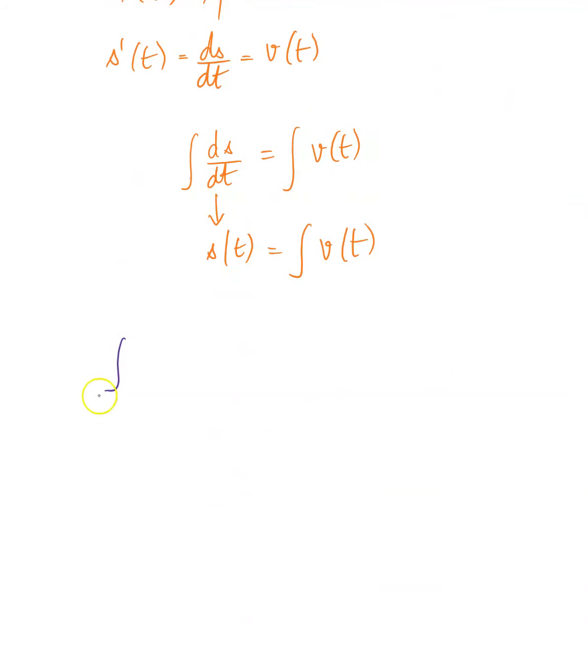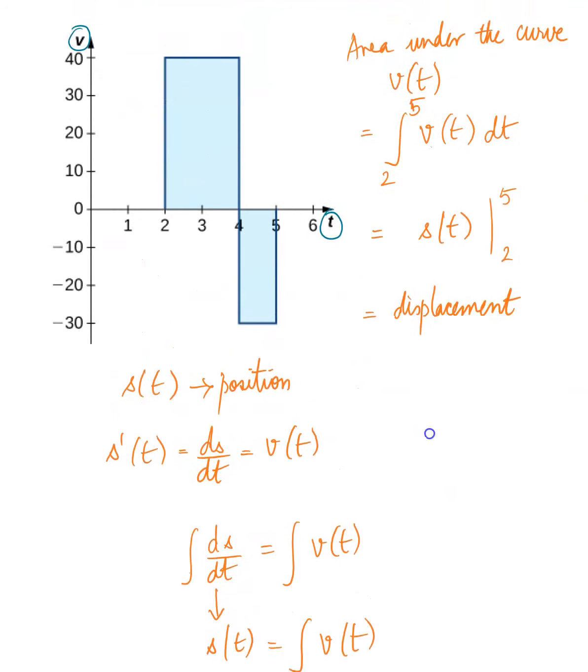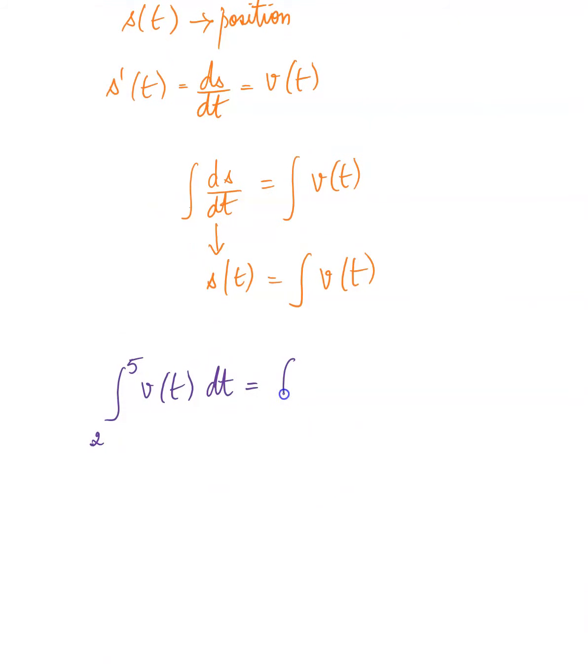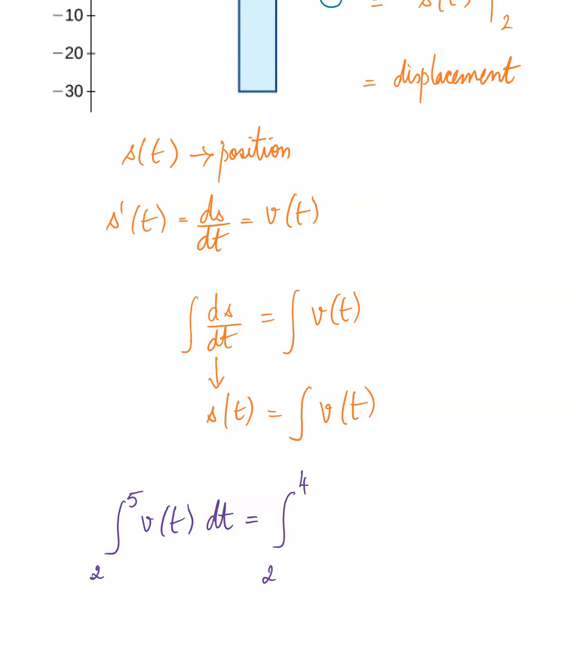So integral of 2 to 5 v of t dt will be, because you have the positive area and the negative area, right? We still will split it up. We won't be doing the absolute value though. So it's going to be 2 to 4 and then 4 to 5. We're going to split up this interval into two parts. So 2 to 4. And what do you think will be the information here?